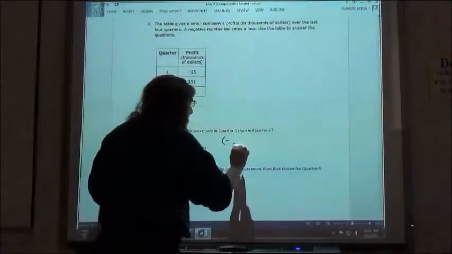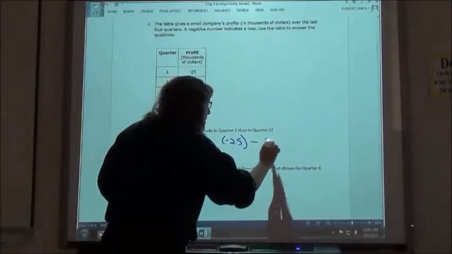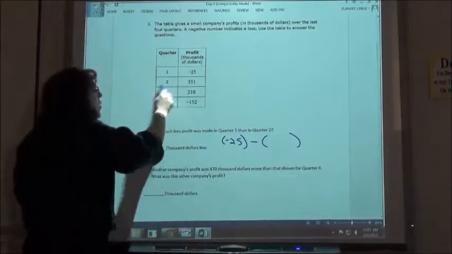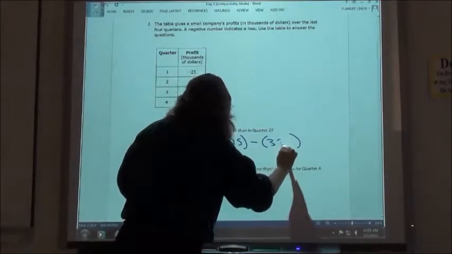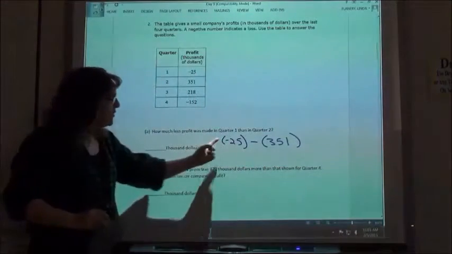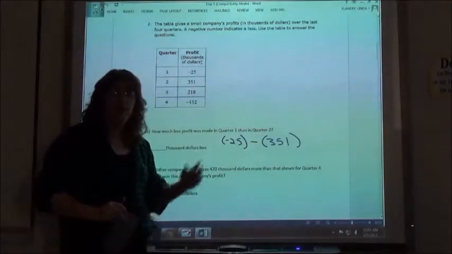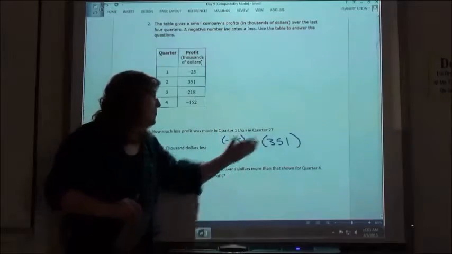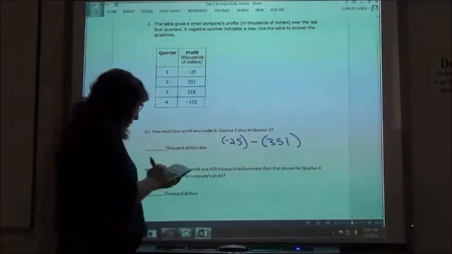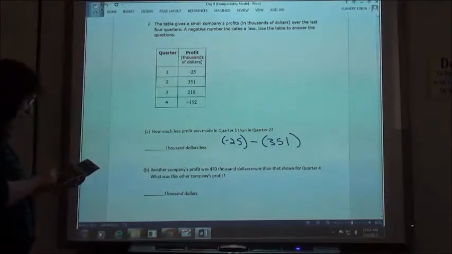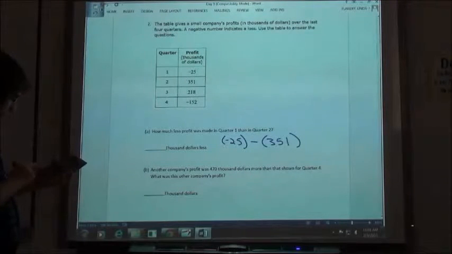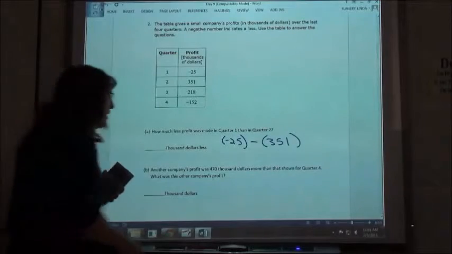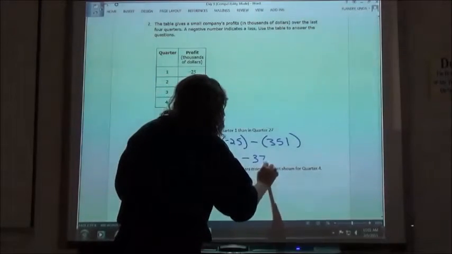Quarter 1 was at negative 25. I'm going to subtract quarter 2. Quarter 2 is at negative 351. Notice both of these have negatives in front. My rule, add and keep the sign. So I'm going to have negative 351 minus my 25 is negative 376.